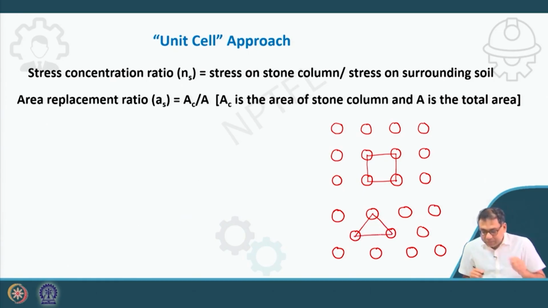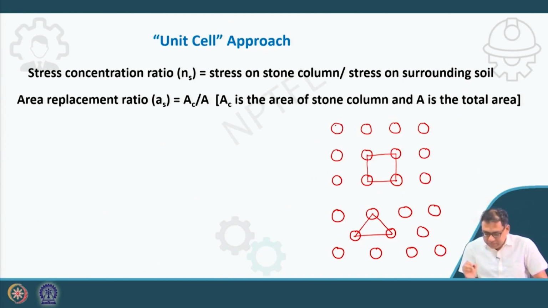Now, when we are talking about the unit cell, among all these columns, suppose these are the stone columns, we will consider one particular column and assume that the behavior of all the columns is the same. In most cases that assumption is valid, except at the edges or the surrounding of the edge of any structure. That's why we are still using this unit cell approach.